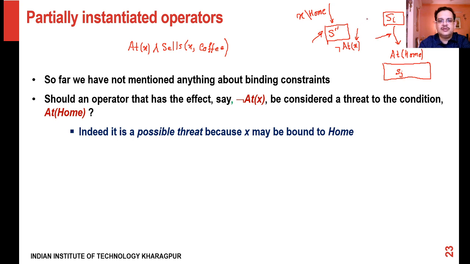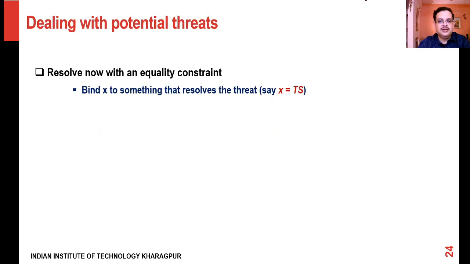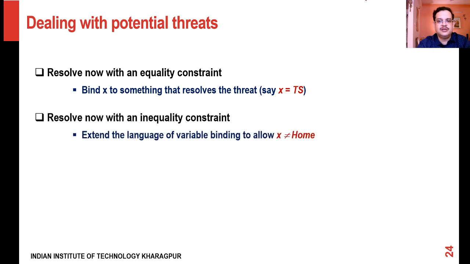So therefore we have to look at not only existing threats like we saw in the past, but also threats with partially instantiated actions, because they can potentially lead to threats later on when the variables get bound to something. So therefore we need to learn how to deal with these potential threats, and there are several ways in which we could do it. One option is that we bind X to something that resolves the threat.